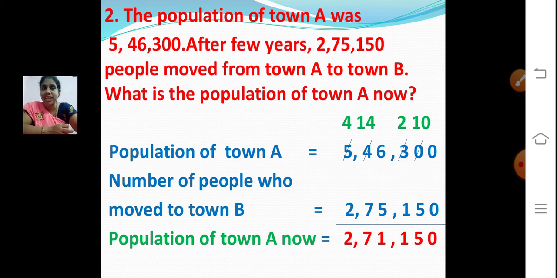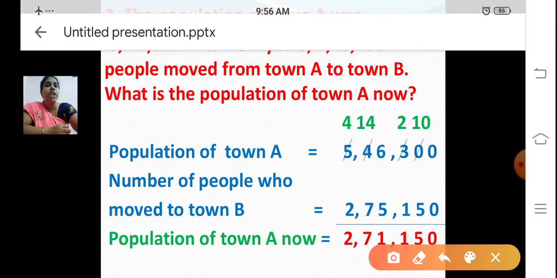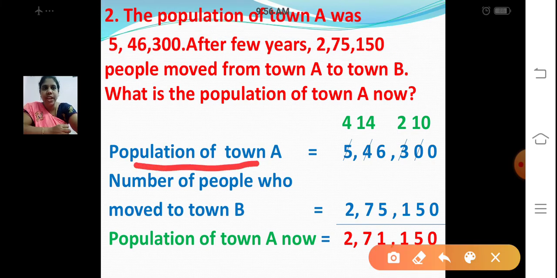Now first we will write the statements. Population of town A is equal to 5,46,300. Now, how many people moved from town A to town B?